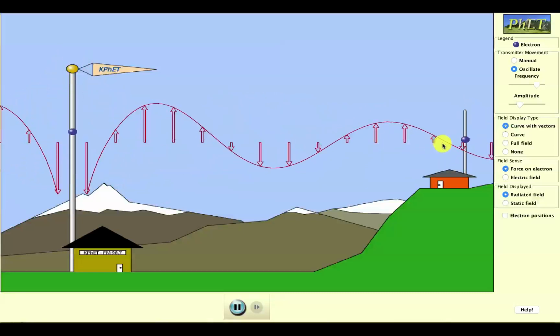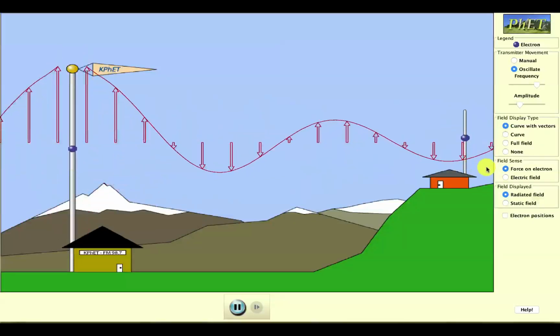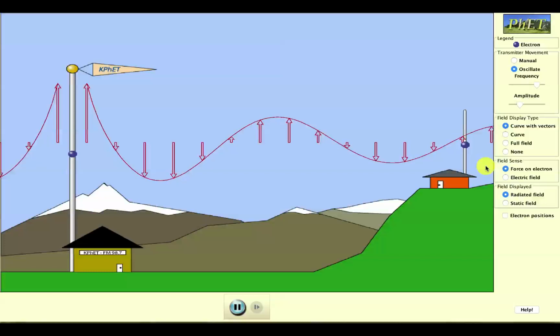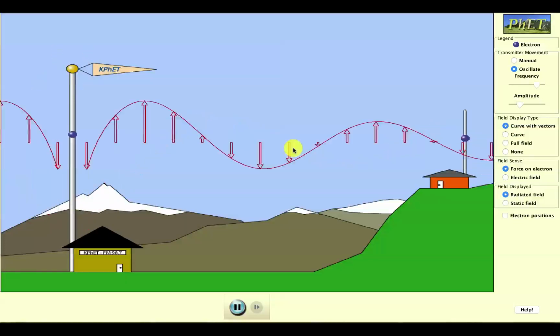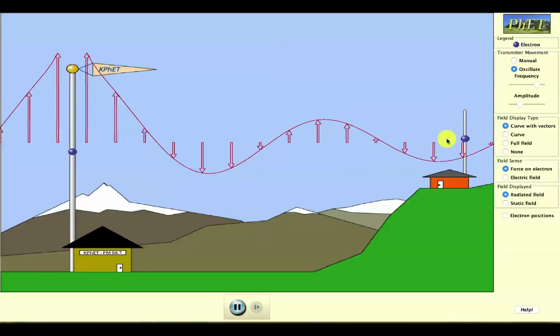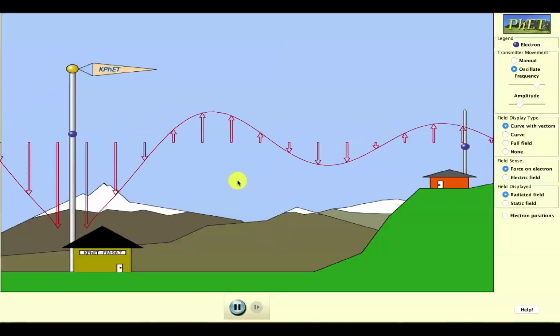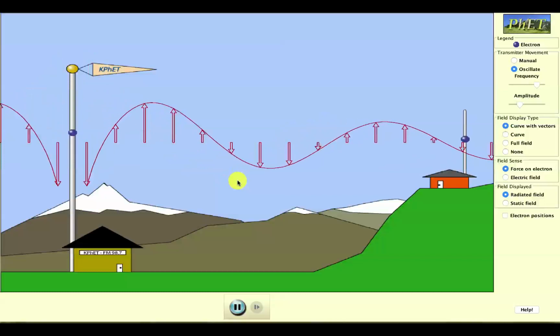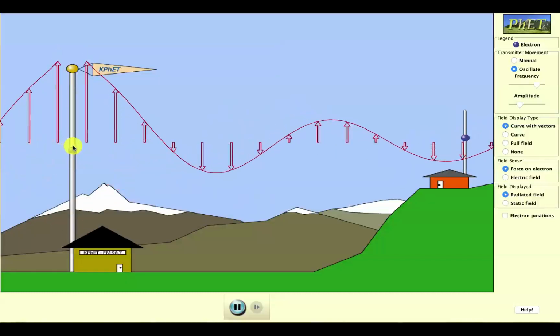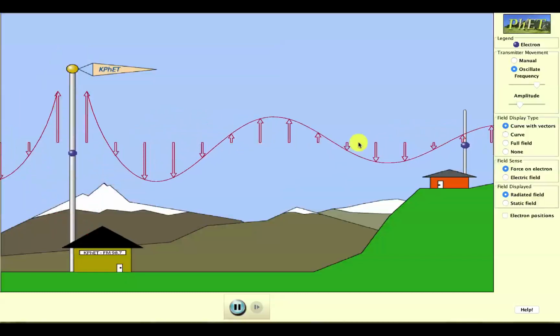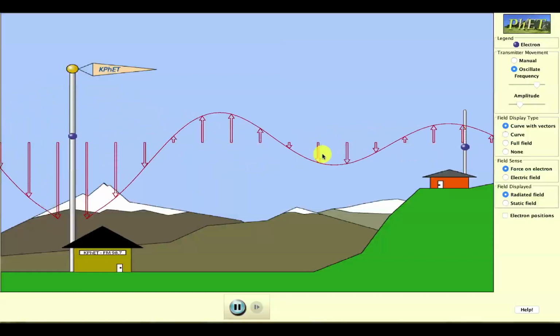In other words, we are not in the static field, we are in the radiation field of this electron. The magnetic field is not shown over here, but from what you have just learned, it is, of course, also moving outwards in this direction, and it is perpendicular to the electric field. The electric field are these arrows which are going up and down.